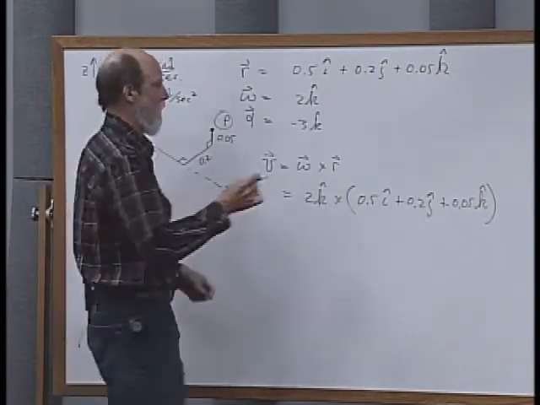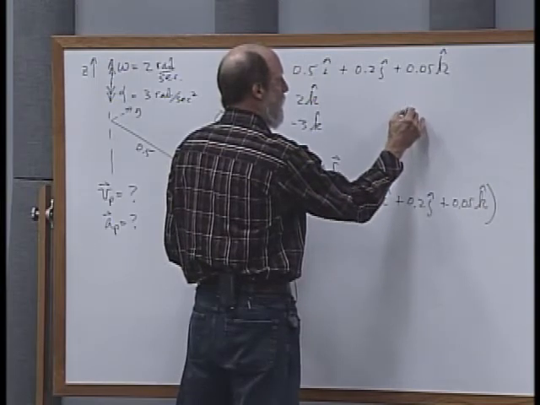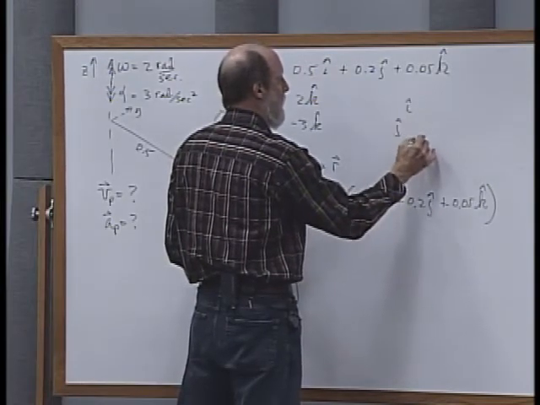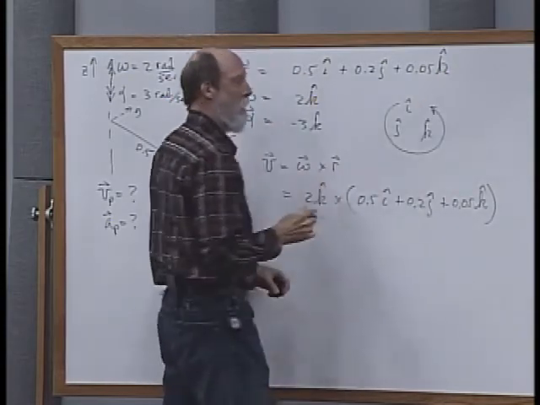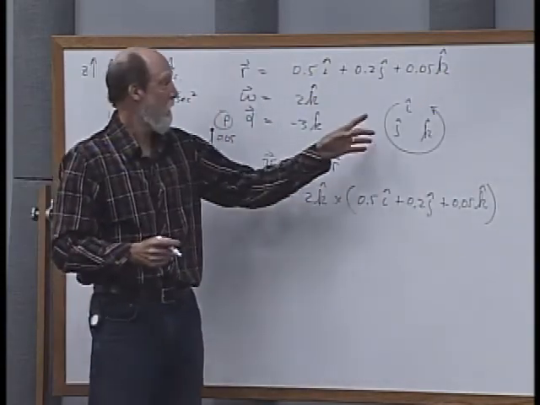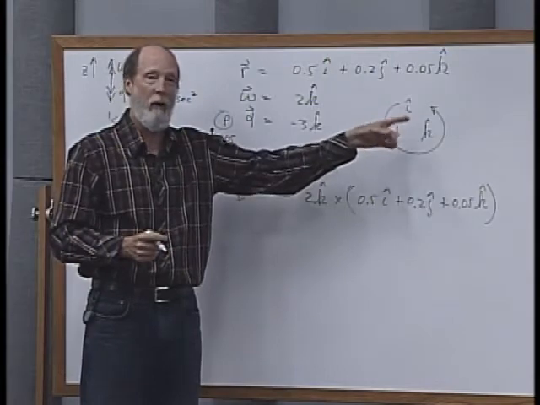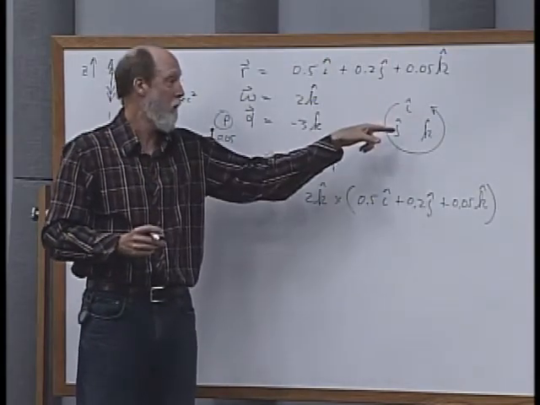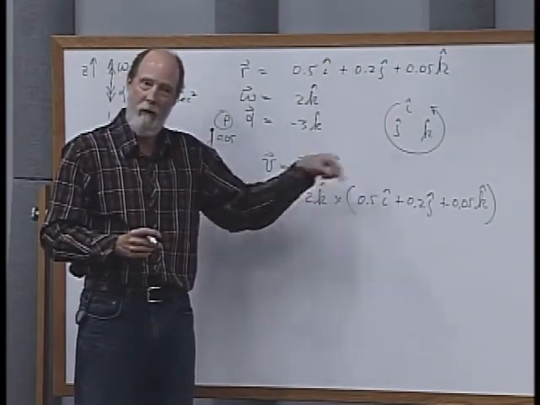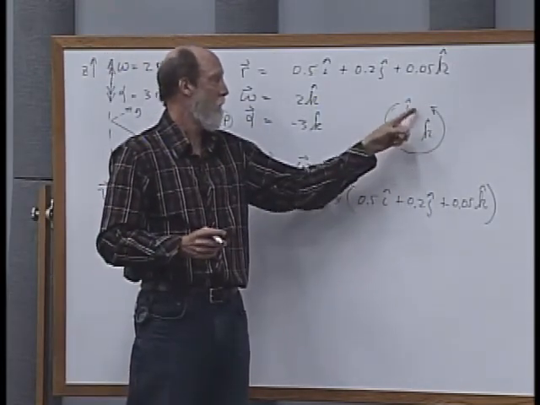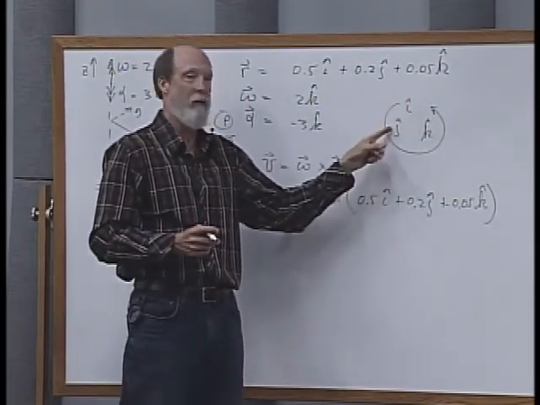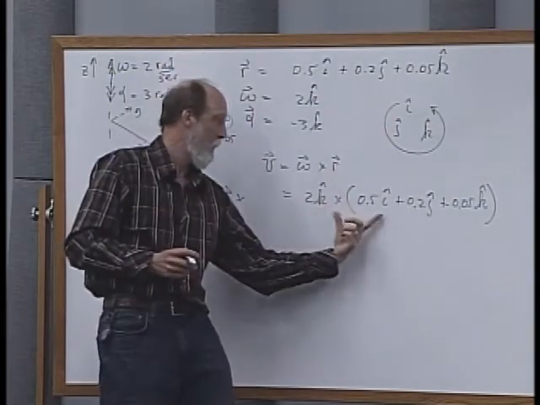It's going to be a little quicker for you if you think of I, J, K, and if you go alphabetical in that direction, the cross product of any pair in that direction is going to be the other one. If you go the opposite direction, it's going to be negative. So K cross I is in the correct direction, so you're going to end up with a J component coming out of that cross product.